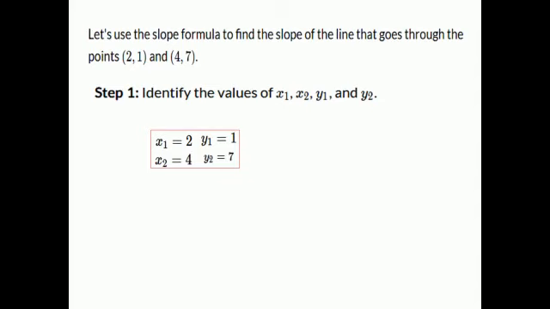So for (2, 1), x1 is 2. And for (4, 7), the first value is x, so x2 is 4. The second value is y. So 1 becomes y1 and 7 becomes y2. So the first step: identify x1, y1, x2, y2.